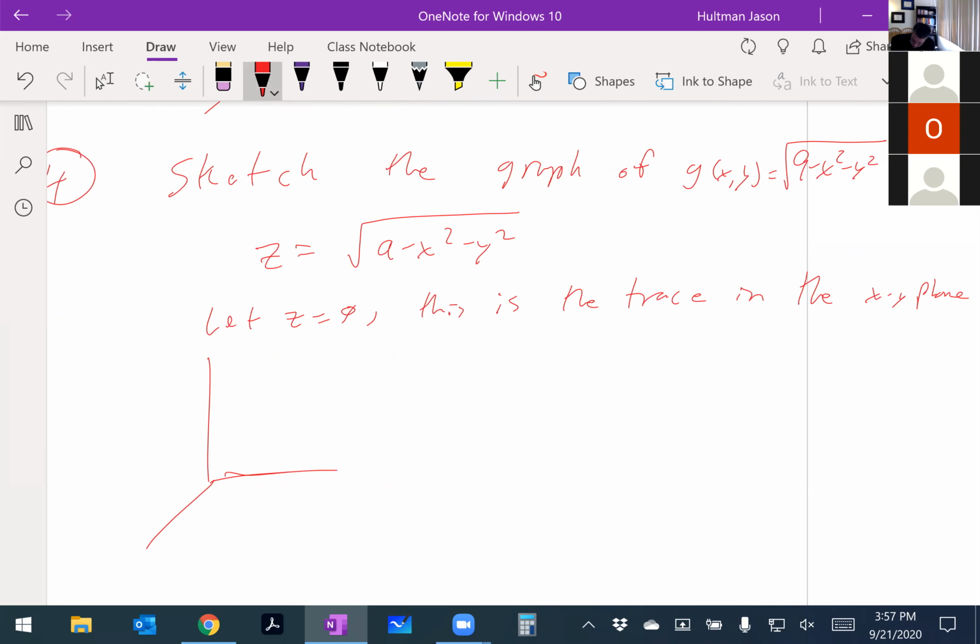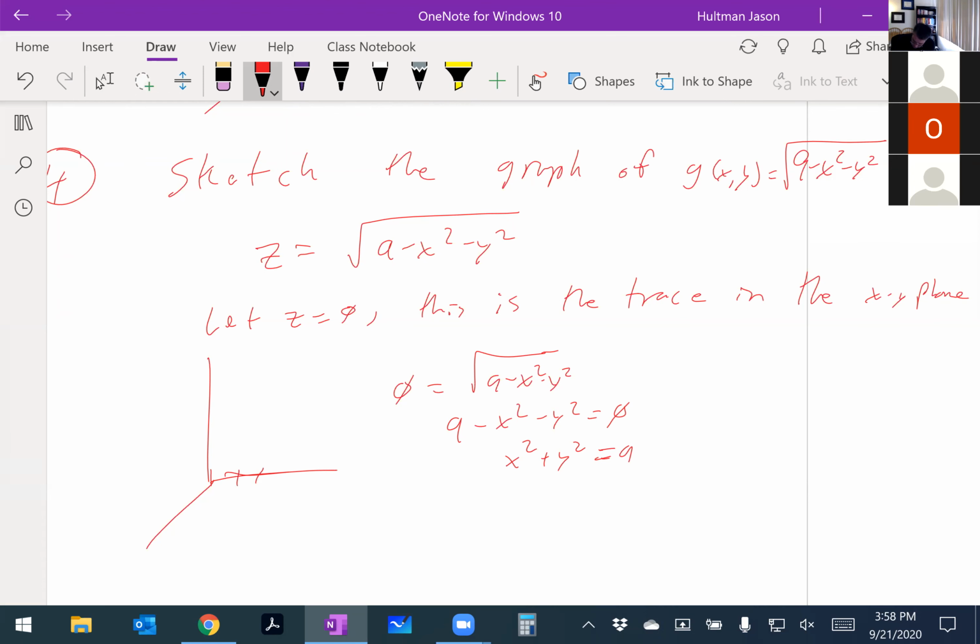Okay, let's see what's going to happen when z is equal to 0. We get 0 equals the square root of 9 minus x squared minus y squared. Then let's square both sides. We just get 9 minus x squared minus y squared equals 0. And so this is x squared plus y squared equals 9, which is a circle of radius 3.